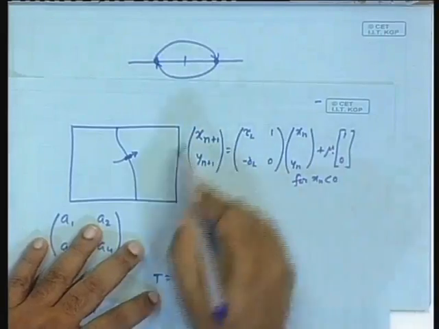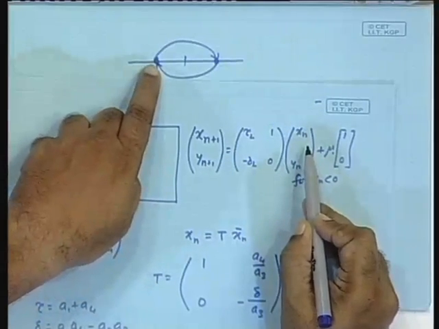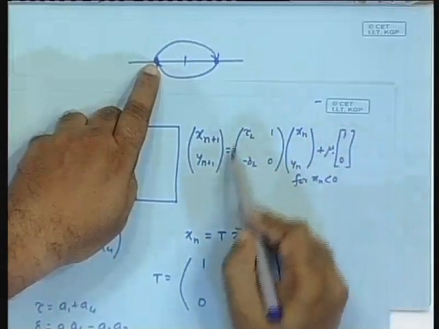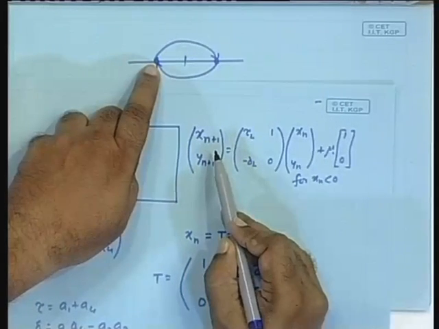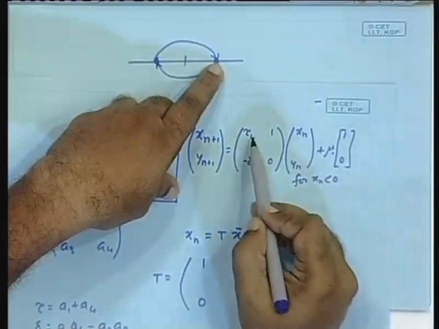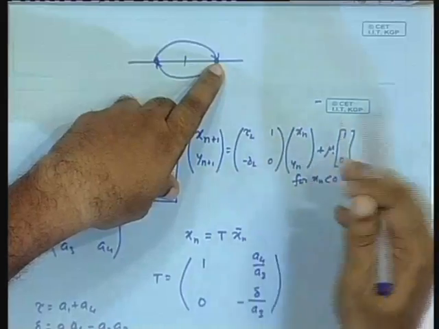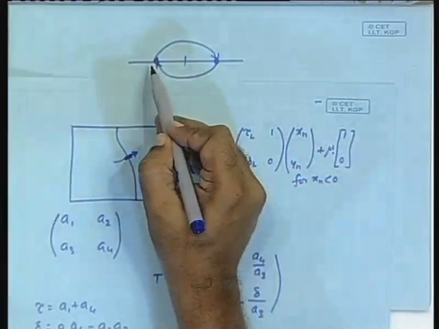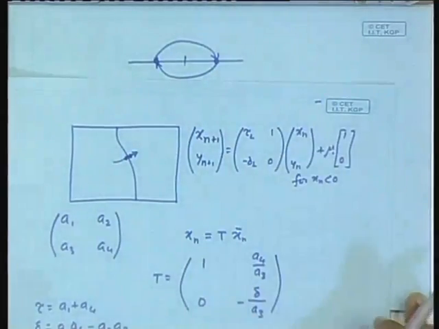Again, what will you do? You will start from here, assume that x n y n are here in the left hand side, apply this, obtain x n plus 1 y n plus 1, and then it has come here. So, you will have to apply the right hand map, which will be these two subscripts replaced by r, apply it again, come back here, x n, you have obtained x n plus 2 y n plus 2, and then equate that, you get an algebraic equation.